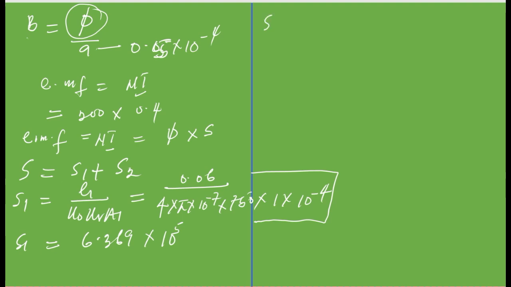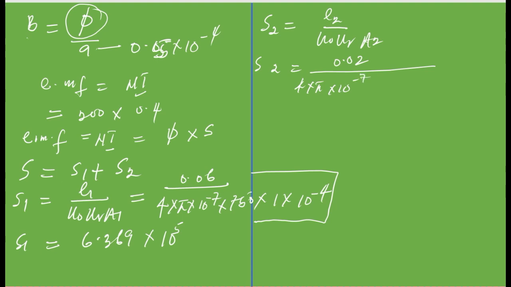Now let's calculate for S2. S2 will be L2 over U0 UR A2, so S2 now will come from the L2 of the question, which is 0.02, over U0, which is 4 times pi times 10 raised to power minus 7, times 750, times area for that part, that's 0.5 times 10 raised to power minus 4.